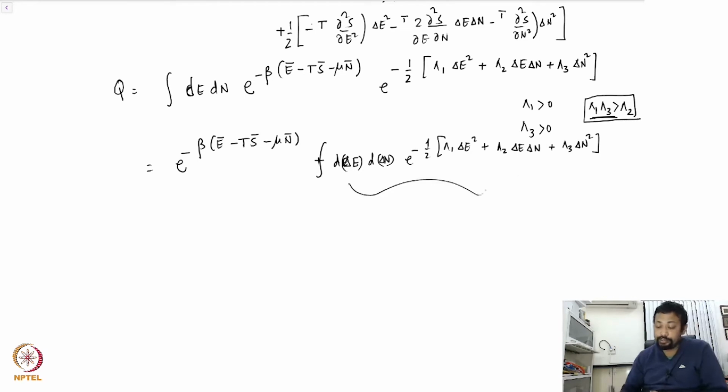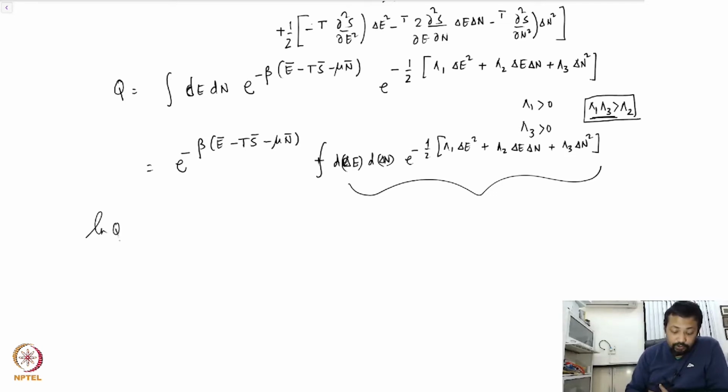So these fluctuations, essentially this is a Gaussian distribution, the joint distribution of E and N, and this can be integrated very easily. The integrand is going to be dependent on N, because you have lambda 1, lambda 2 and lambda 3 which are all dependent on N, therefore the integral is going to be an extensive quantity.